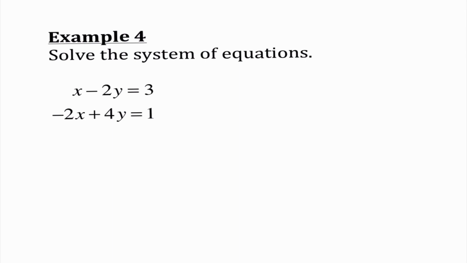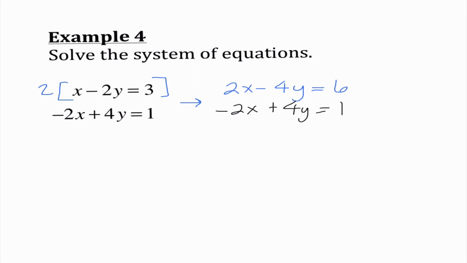So looking at 4, I'm going to cancel out the x's first. I'm going to multiply this top equation by 2, because that would make my x's opposites. So I get 2x minus 4y equals 6. My other equation is staying exactly the same: negative 2x plus 4y is equal to 1.